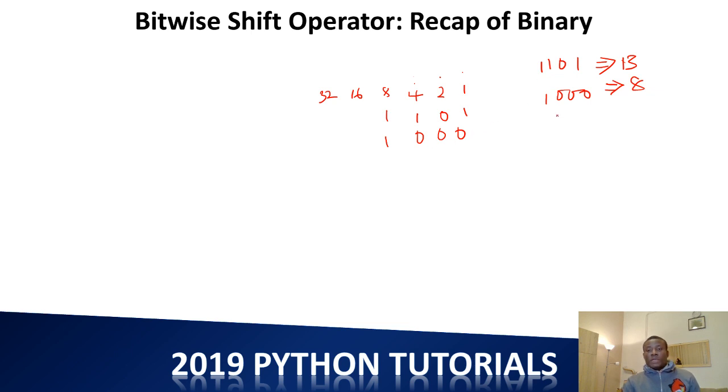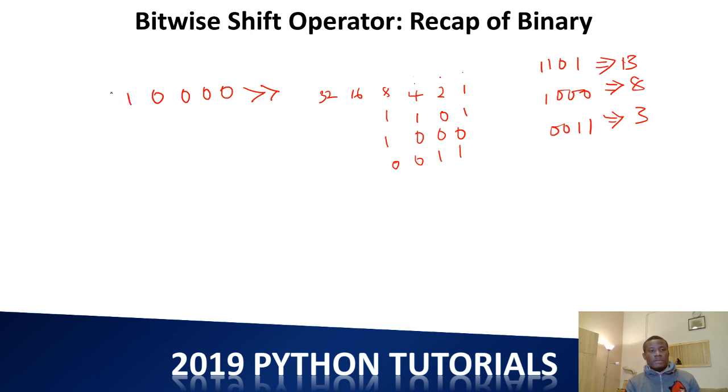The same principle goes if you have 0011. How do you convert this? You have 2 plus 1, which gives us 3. Before we go back to Python, let me just tell you a little about shift. When we have 1100 and we use this operator, what is this operator? This operator is logical shift right.